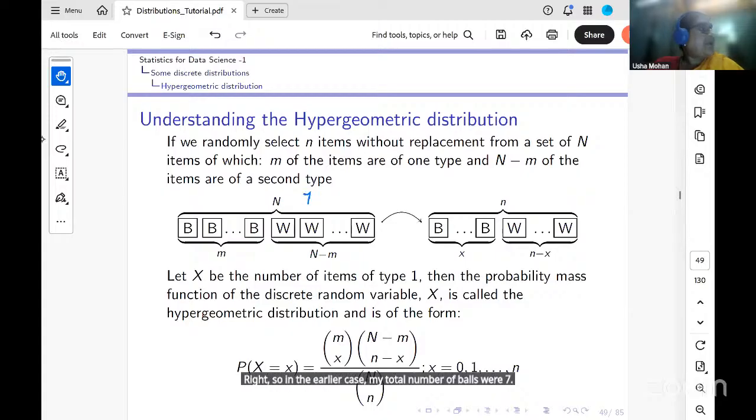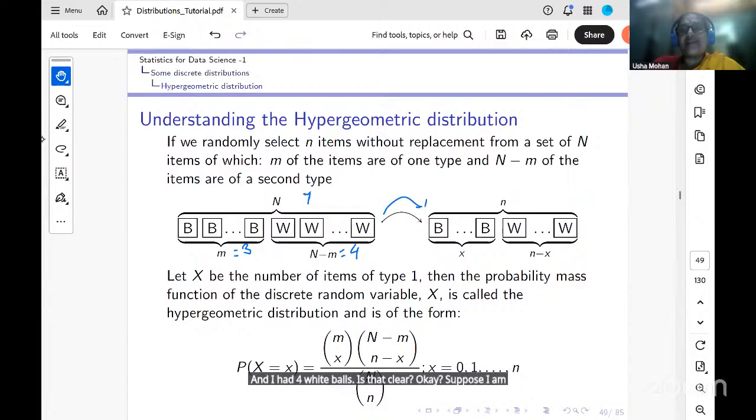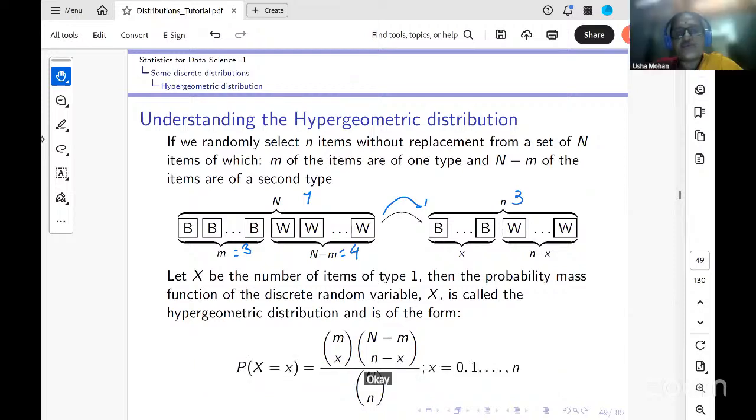I had 3, that is m equal to 3, and I had 4 white balls. Is that clear? Suppose I am choosing 3 balls out of the 7 balls.